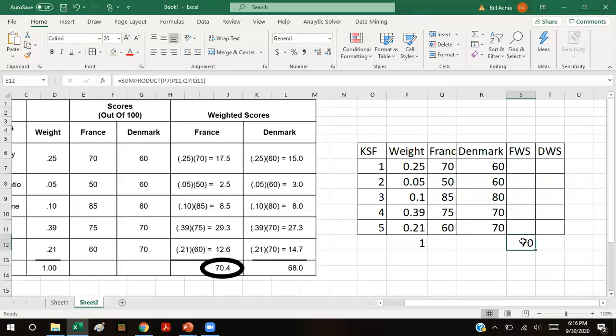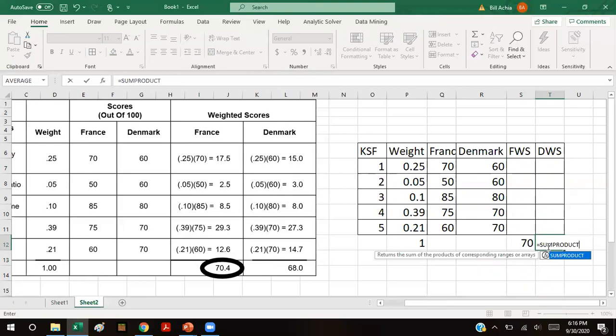Okay, and you come up with that calculation that you'd have had to go through multiple steps to get to. And I'll do the same for Denmark. And here we'd have the sum product of the weights multiplied by the scores.